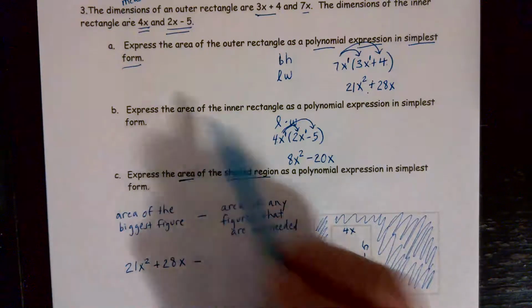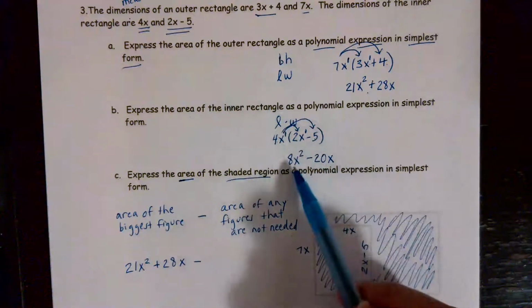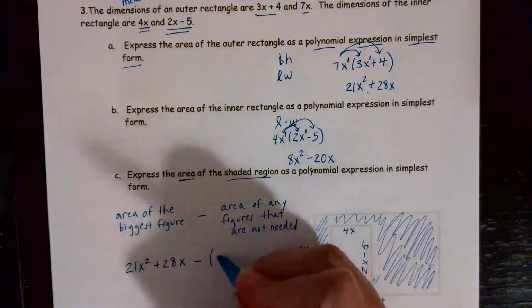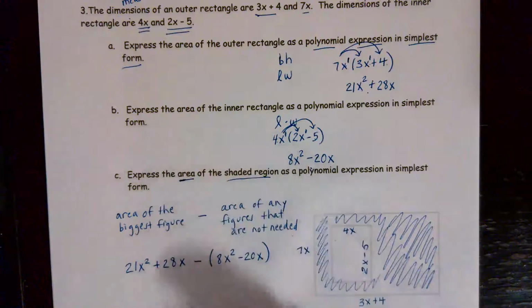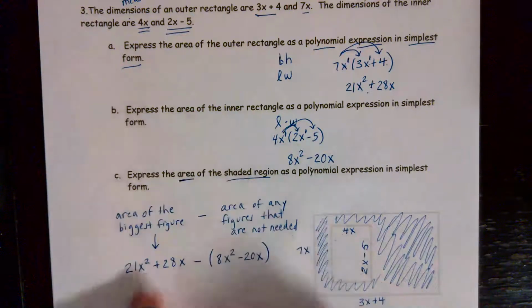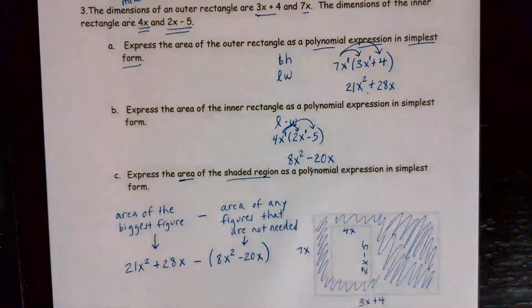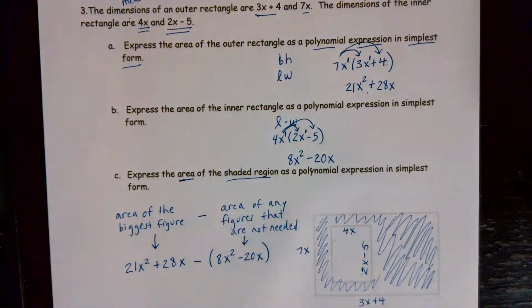And you already found that area. It's 8x squared minus 20x. Now, that's more than one term, so I'm going to put parentheses 8x squared minus 20x. This is the area of the biggest figure, and we're subtracting the area of the small rectangle inside because that is not shaded and we do not need that.